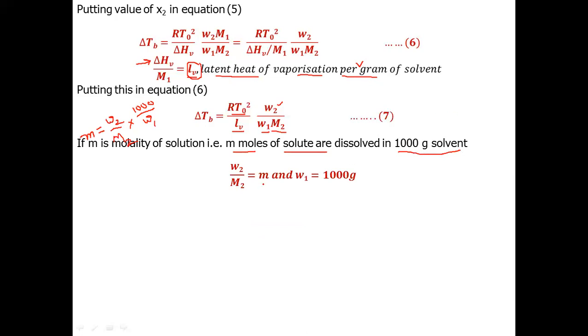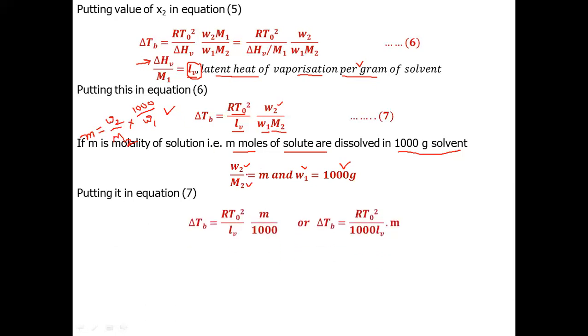Now m is equal to W2 by M2 when W1 is 1000 gram. Now we need the value of W2 divided by W1 M2. We can calculate it from the formula of molality. From this equation, W2 divided by M2 into W1 becomes m by 1000. This 1000 will go in the denominator.